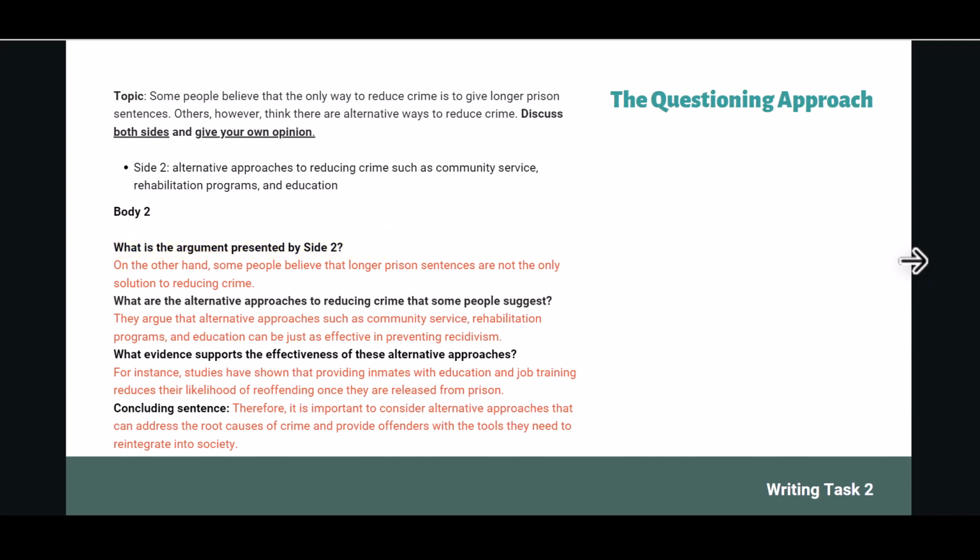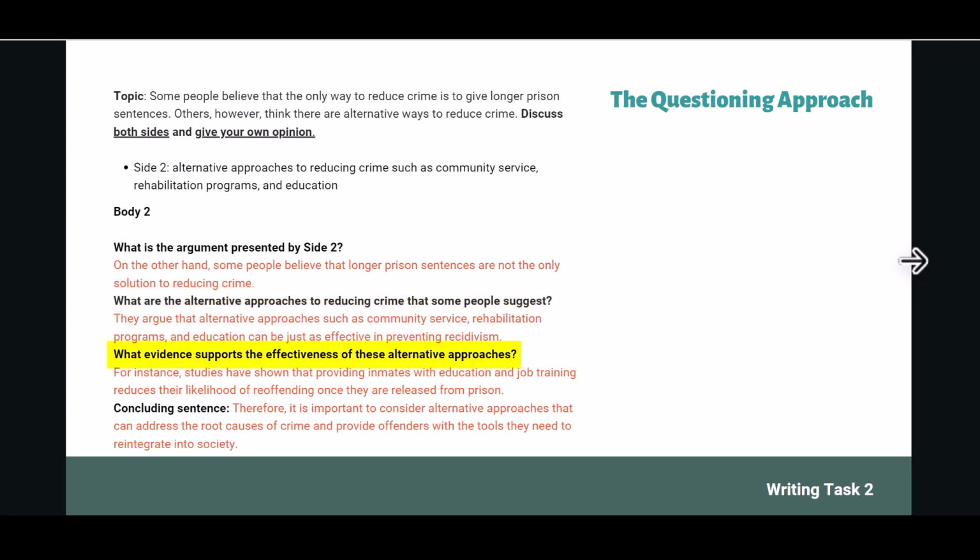If longer prison sentences are not the only solution, what alternative approaches to reducing crime do they suggest? Let's read their suggestion. They argue that alternative approaches such as community service, rehabilitation programs, and education can be just as effective in preventing recidivism.